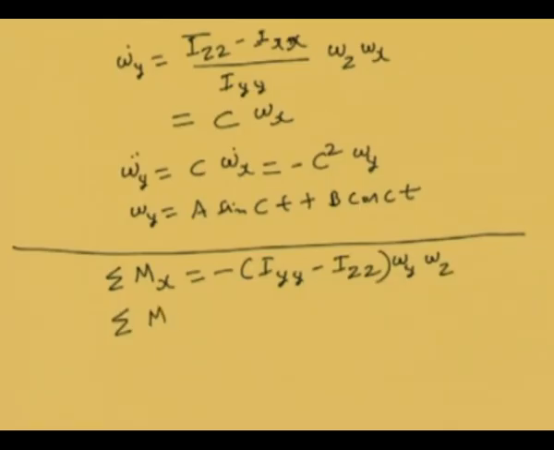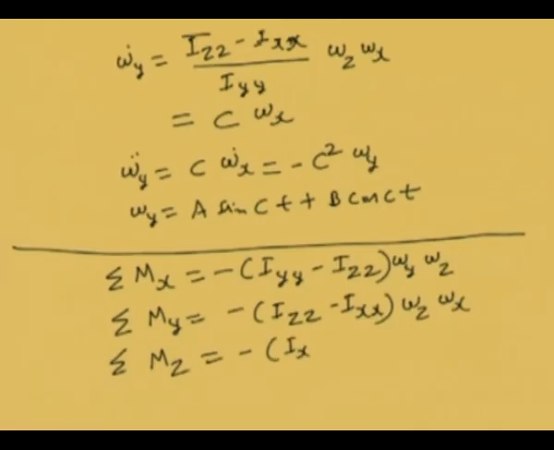Sigma my is equal to minus (Izz minus Ixx) omega z omega x. Sigma mz is equal to minus (Ixx minus Iyy) omega x omega y.